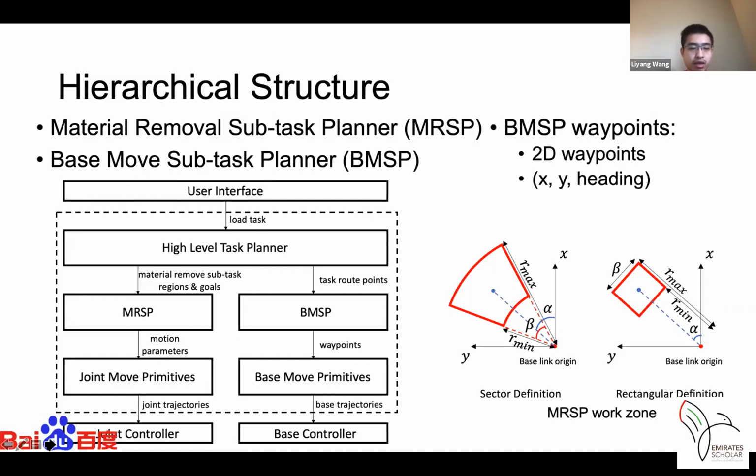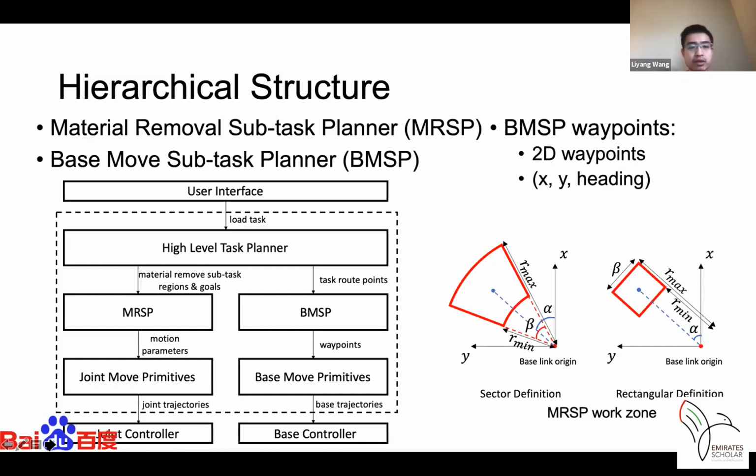And they both plan for the MRSP. It plans the motion parameters such as dig motion and dump motion. And for BMSP, it plans the detailed waypoints. And then the motion parameters go to the joint move primitives to plan the exact trajectory.